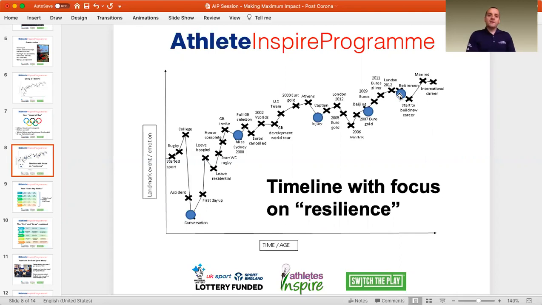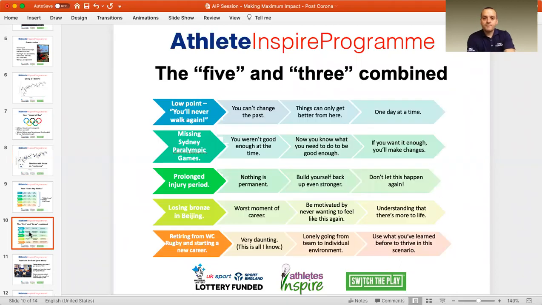Now, what we're going to use is something we call the 5 and 3 technique, which is picking out 3 main points for each of those 5 stories. I'll show you a diagram of what that would look like right now.